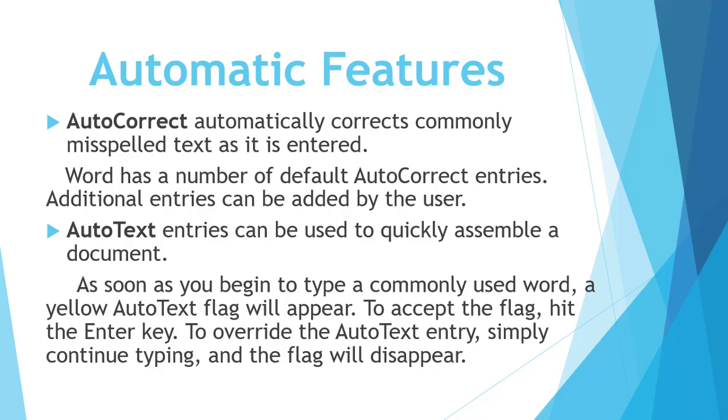Auto text entries can be used to quickly assemble a document. As soon as you begin to type a commonly used word, a yellow auto text flag will appear. To accept the flag, hit the enter key. To override the auto text entry, simply continue typing and the flag will disappear.